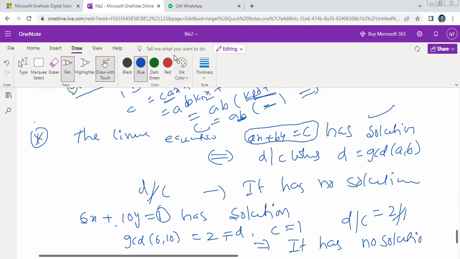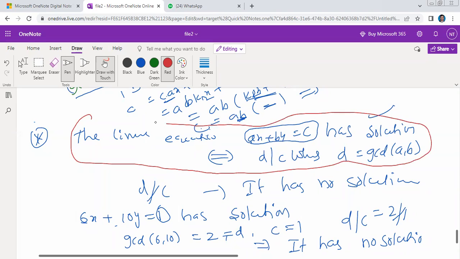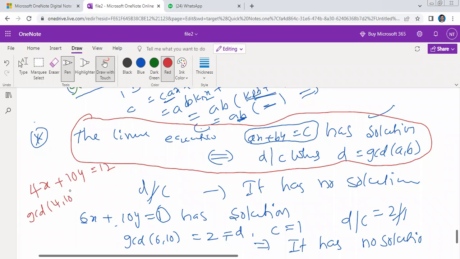This rule is used to check whether an equation has a solution. This question is also asked in exams: an equation is given and options below, such as solution, no solution, unique solution, infinite solution. For example, look at this: 4x plus 10y is equal to 12. Tell me, does it have a solution? First you can calculate GCD of 4 comma 10. Yes, 2.